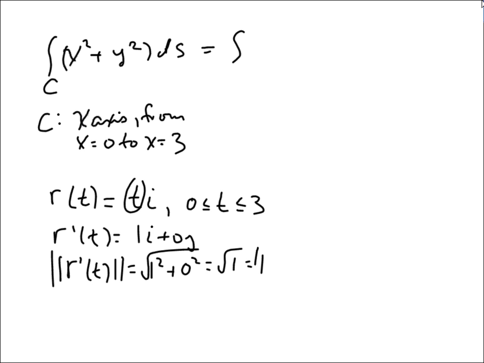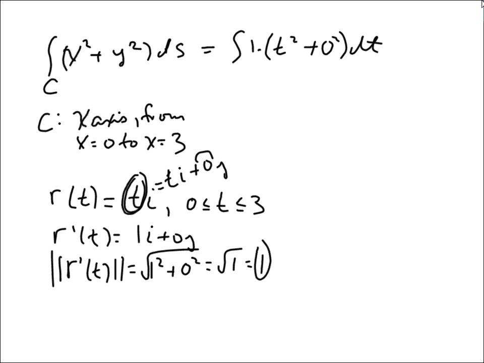We need to multiply by that 1. Now, x squared, well, x is t. So x squared is t squared plus y squared. Remember, this is ti plus 0j. Y is 0. So, you get y squared dt.